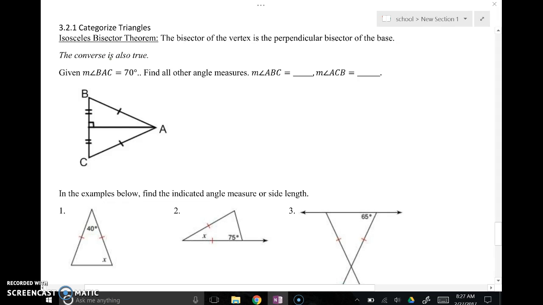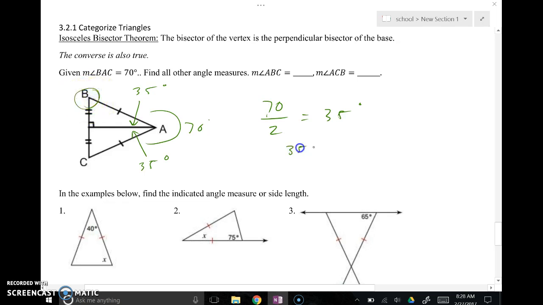So given BAC, that's this whole angle here, is 70 degrees. Well, to get the individual angles, which have to be congruent because of the bisector idea, 70 divided by 2 is 35 degrees. So both of these angles would be 35 degrees. So angle ABC, we have to keep in mind that it's going to be 35 plus 90 plus whatever this is.